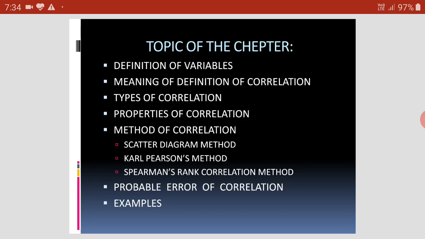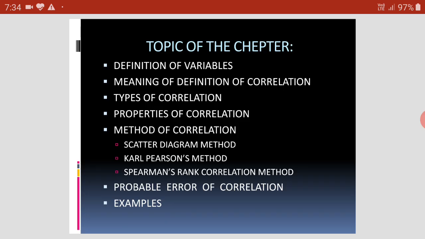There are three different methods you study in this semester. Next, probable error of correlation, and last we calculate examples for two methods, practical questions for the Karl Pearson method and Spearman's rank correlation method.